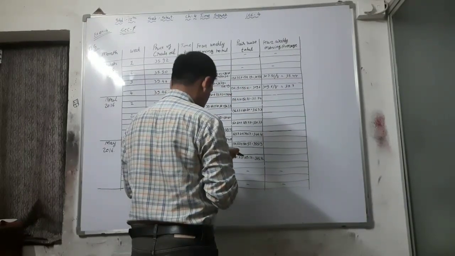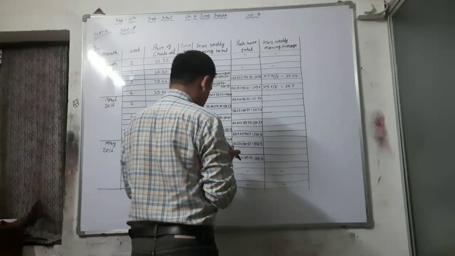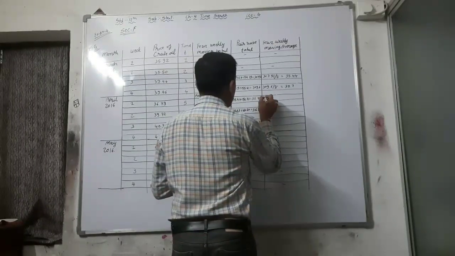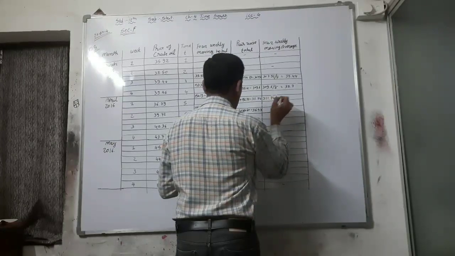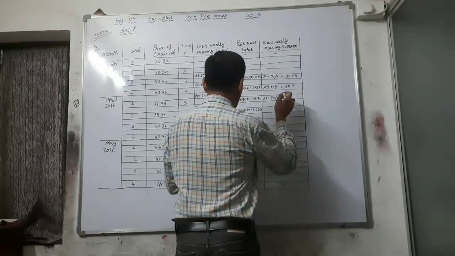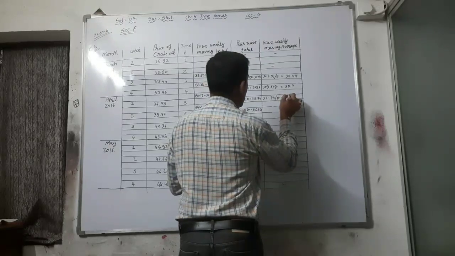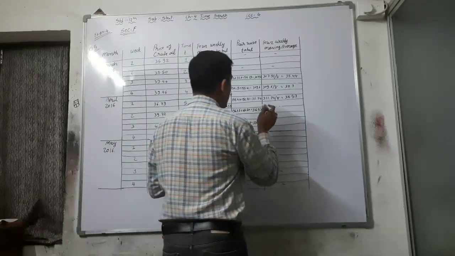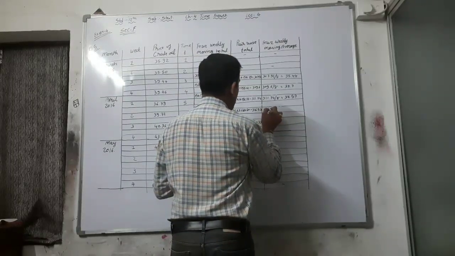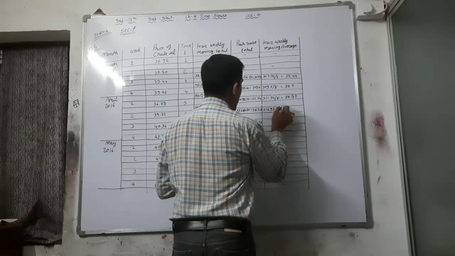Now 311.74 divided by 8. It is 38.5675, that is 38.57. Now 316.93 divided by 8.